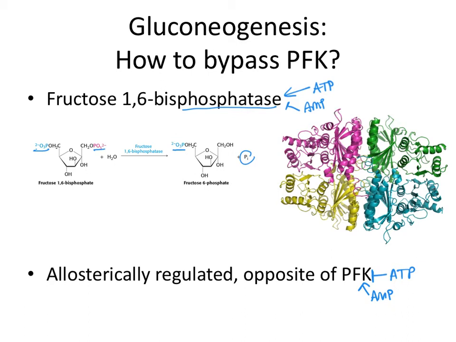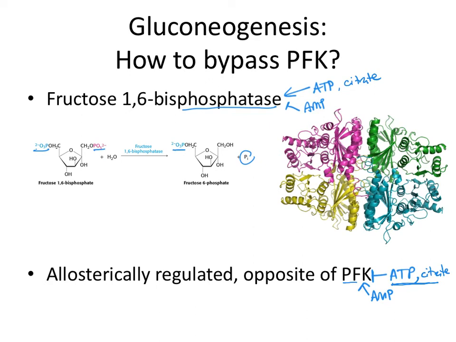From the citric acid cycle, PFK is inhibited by citrate, but fructose 1,6-bisphosphatase is activated. This makes sense. If we have a lot of the downstream products of PFK, like ATP or citrate, this can signal to the cell that we don't need to run glycolysis quite as quickly. We can slow things down.